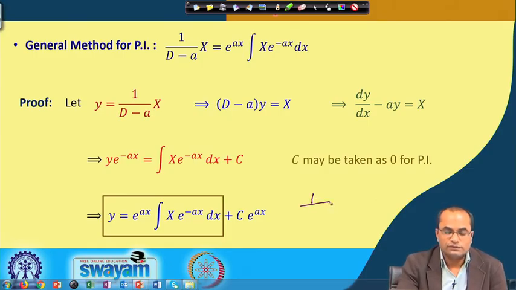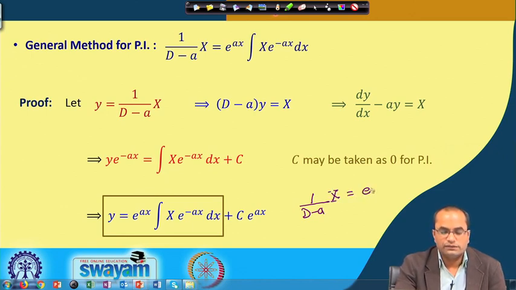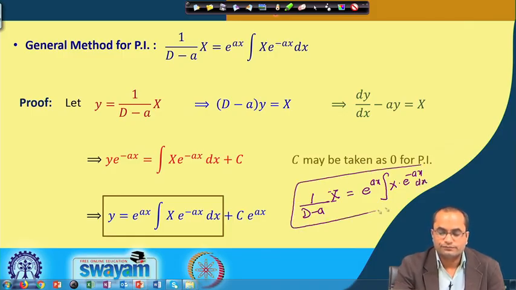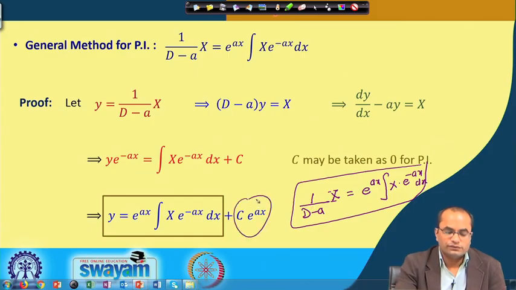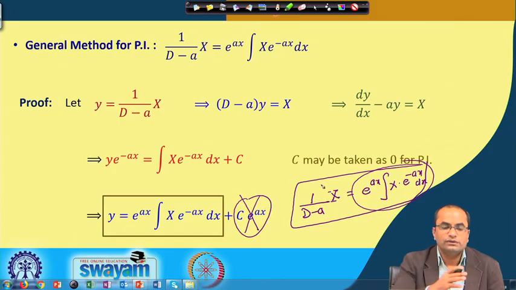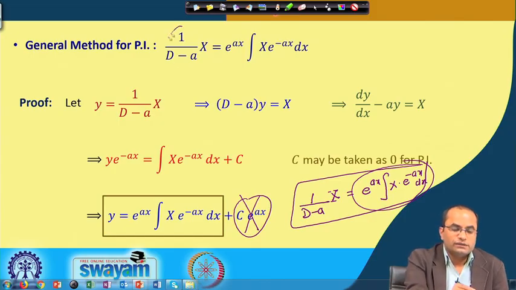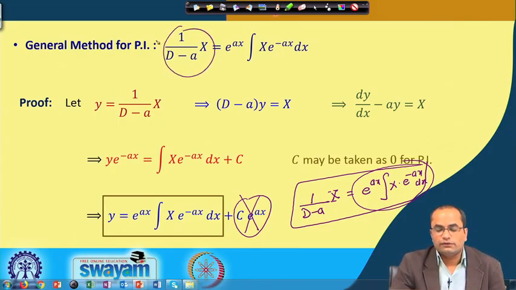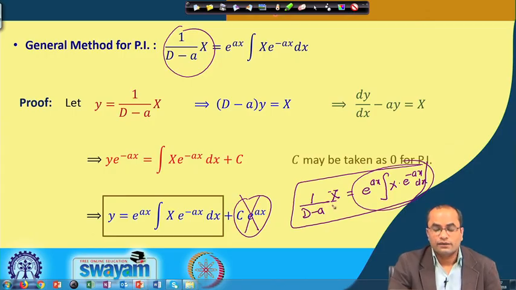So, we got this result that when we apply d minus a on a function, here x, its value is e power a x times the integral of x itself, e power minus a x dx. That is a particular solution when we set the constant to 0, which is not important here. So, we can get this particular solution of 1 over d minus a operated on x.